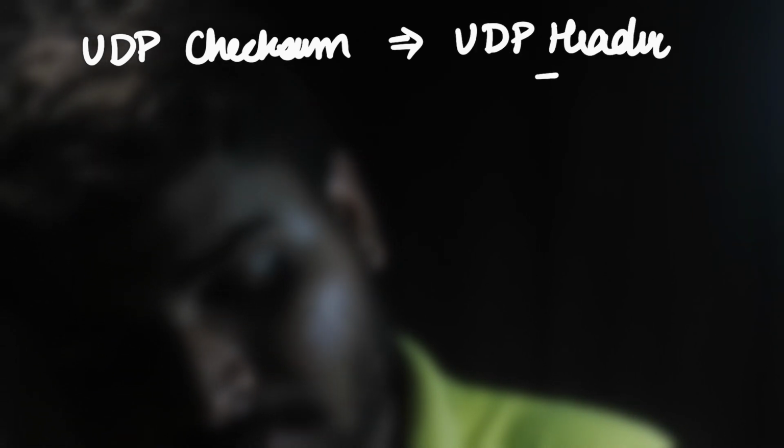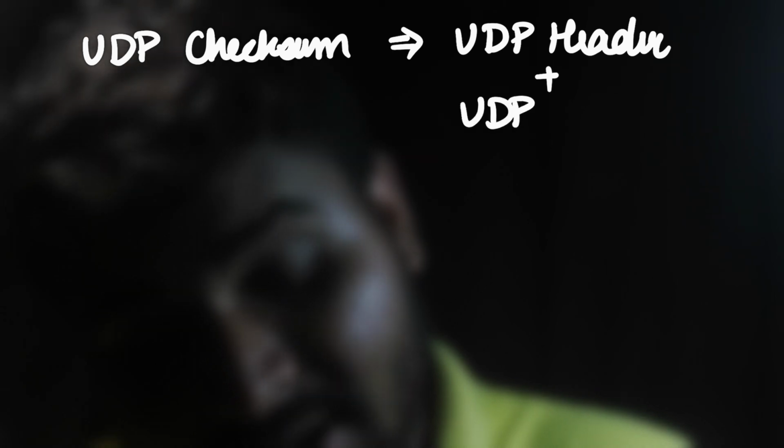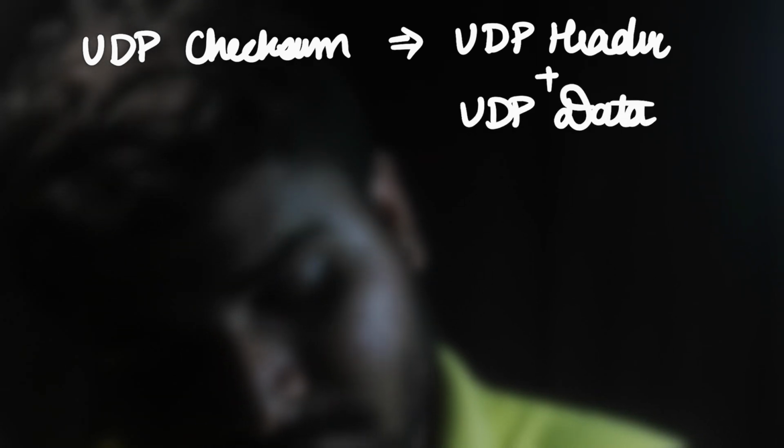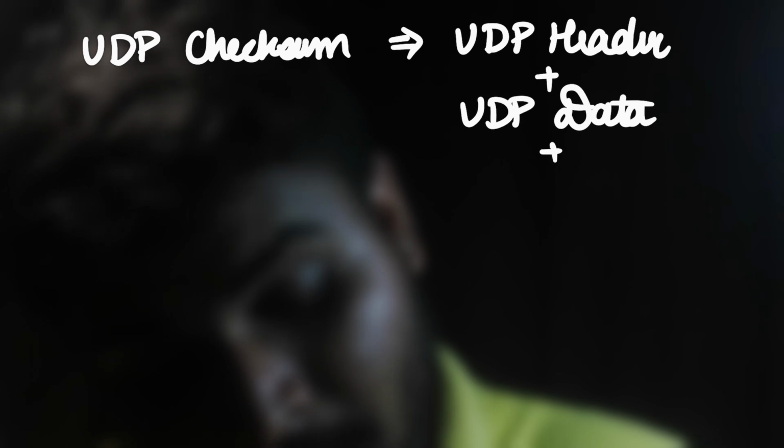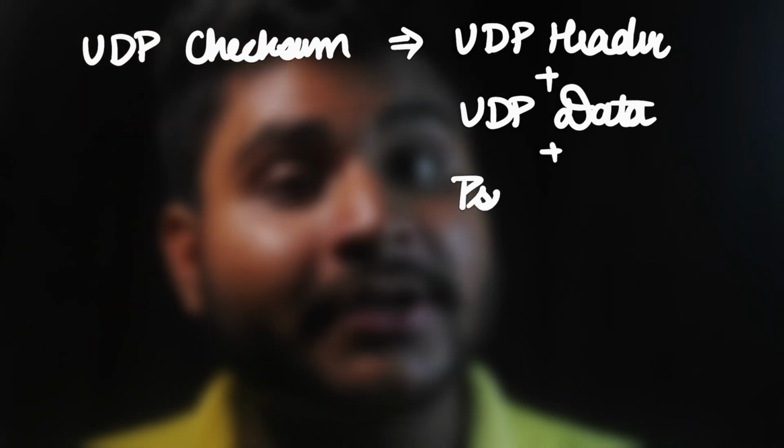Now let us talk about how the UDP checksum is actually calculated. The UDP checksum is the addition of the UDP header plus UDP data and the pseudo header of the IP protocol.